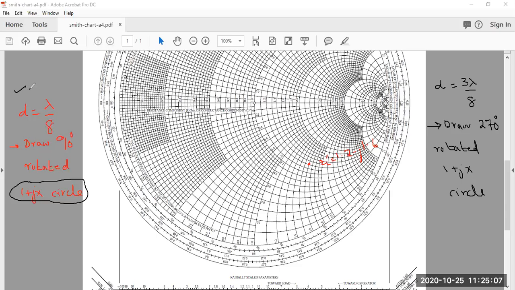So let me draw, because in our example distance is lambda by 8, so I will draw a 90-degree rotated circle. And once you know where I am drawing it, then you will understand, if such type of problems are given to you, where this 270 degree will be. Now, okay, so with this background, let me go back.